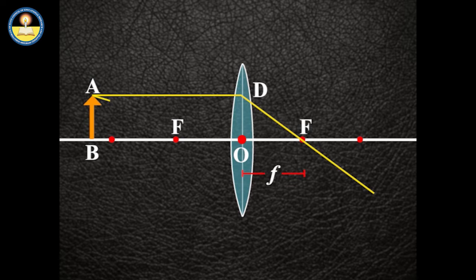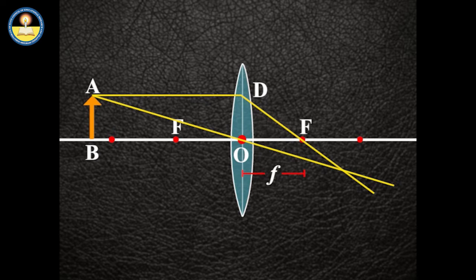Furthermore, an incident ray passing through the optical center of the lens refracts without any deviation. Therefore, an incident ray of light passing through the optical center of the lens is refracted in the same direction, that is, along AO.